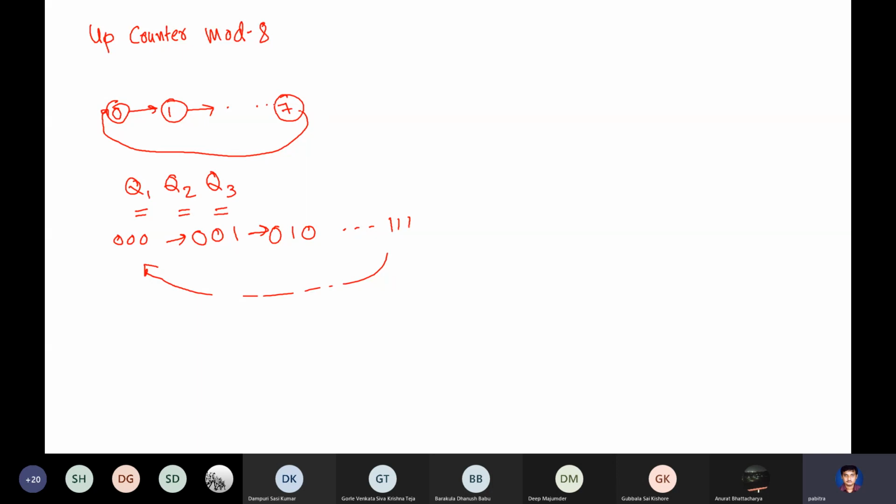Now how the transition happens between these values can again be of two types. One is asynchronous. When you change from one state to another, potentially all these Q1, Q2, Q3 values can change.